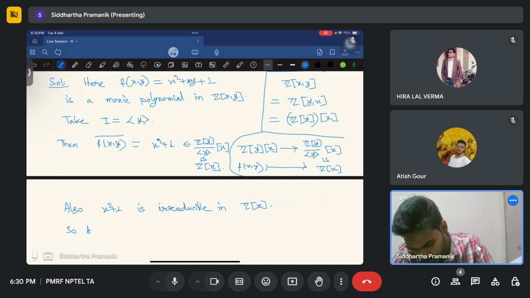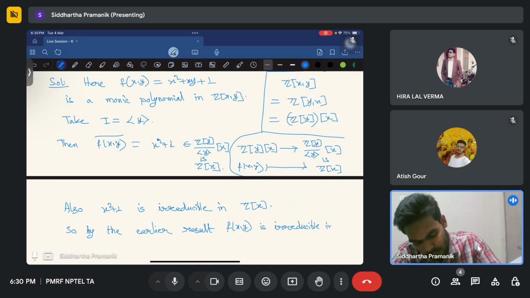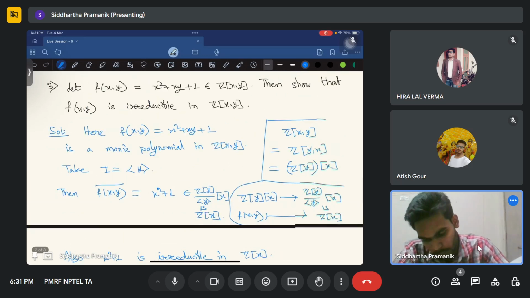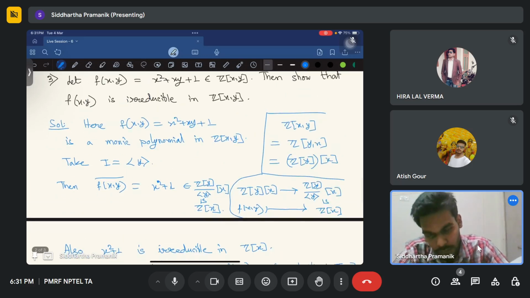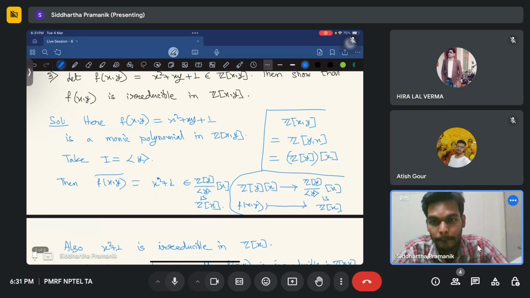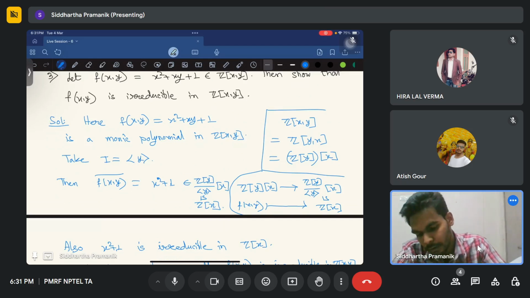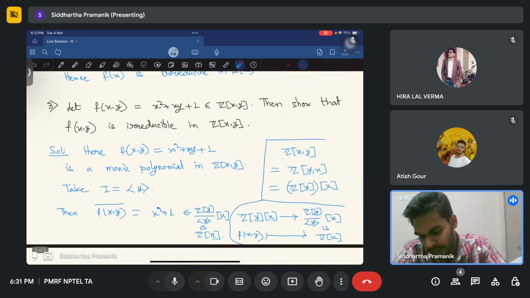So by the earlier result, f(x, y) is irreducible in Z[x, y]. Is it okay? Did you get the idea how we exploited the previous result?